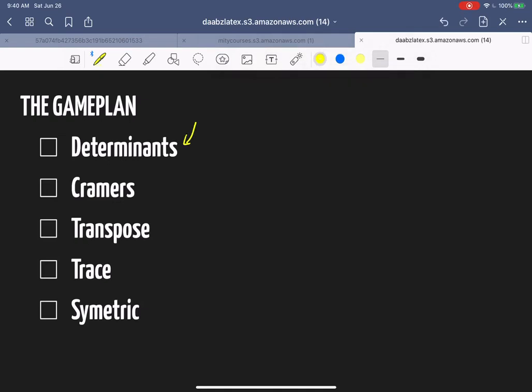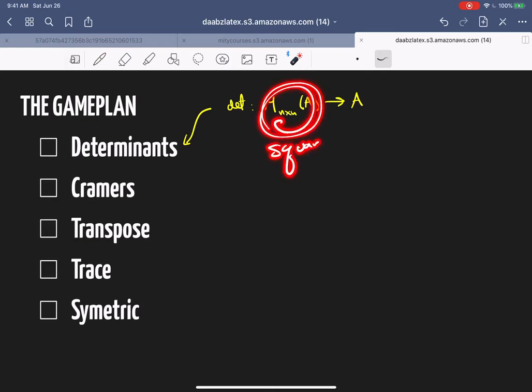So determinants are really a way of assigning a number to each matrix. You could think about it in a fancy way. The determinant could be a function from square matrices, n by n, in some field A, and they get mapped to A. So the input is a square matrix, and the output is an actual number, or it could be a polynomial, or a complex number.